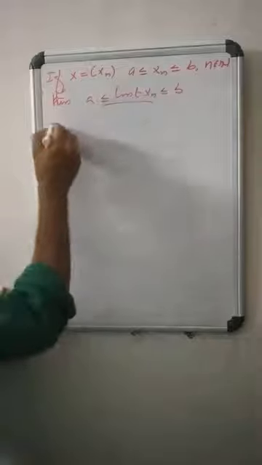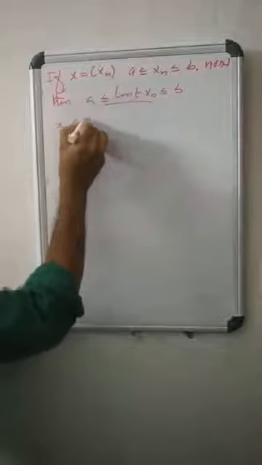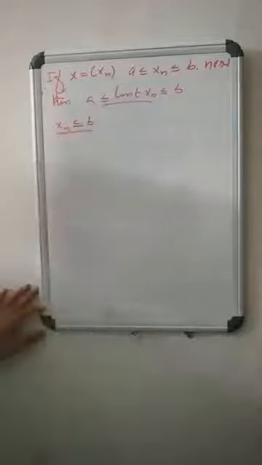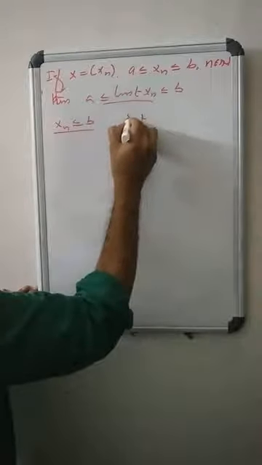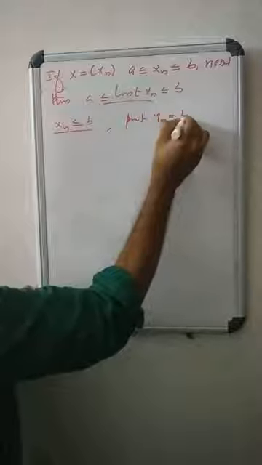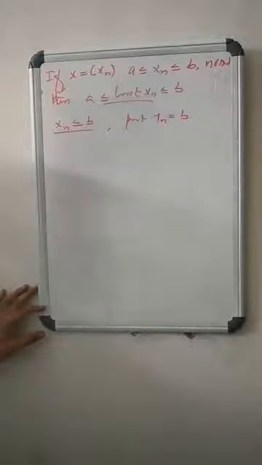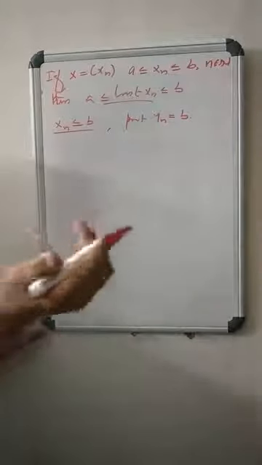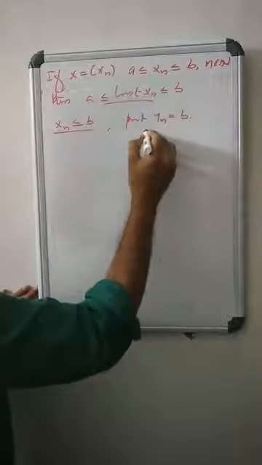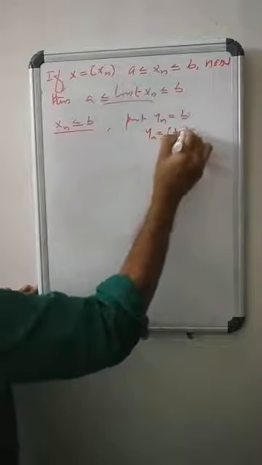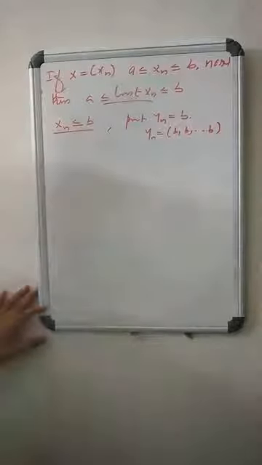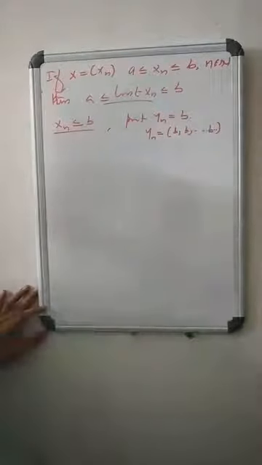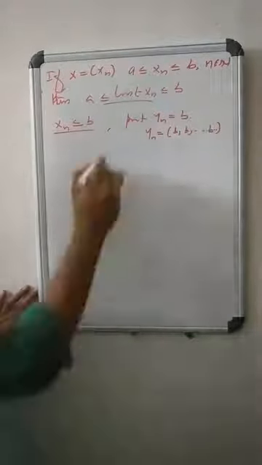How? First consider xn less than or equal to b. Put yn equals b. Put yn equals b means yn is a constant sequence. What is the sequence yn? b, b, and so on. Agreed? So it is a constant sequence. Hence put yn equals b. So what do you get?